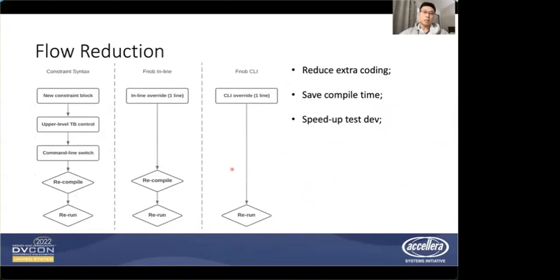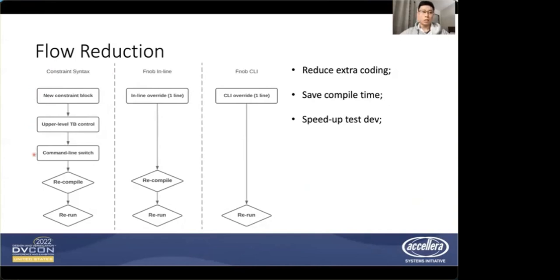So with that, let's summarize a little on the benefit we see by using Fnob in writing constraint random tests. In the conventional way, when we use the constraint syntax, what we need to do is create new constraint blocks and create upper level test control, which, for example, in the top level tests, we need to enable or disable certain constraint blocks.